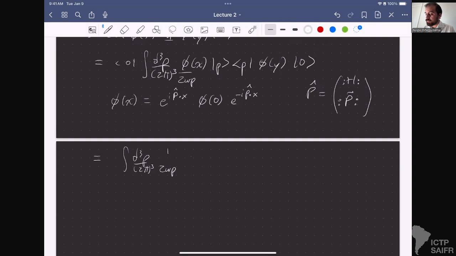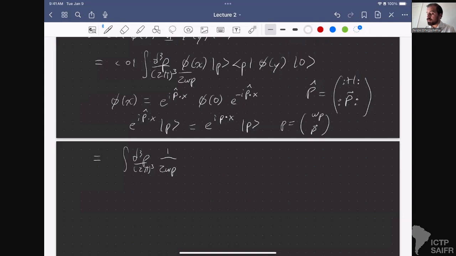The nice thing is that these operators acting on our states have a simple representation, because P in this case is just a number, the four-momentum of numbers. We have omega p and the vector p, no longer operators.